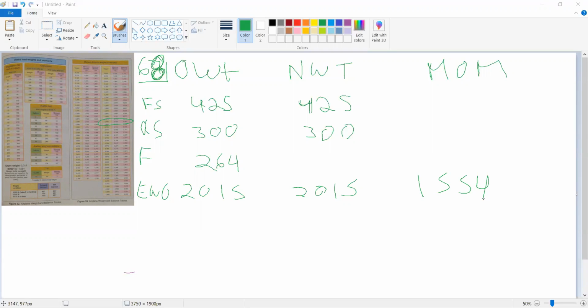For the rear seat, 300 times the arm of 121 divided by 100 is 363. Then 425 times the arm of 85 over 100 is 361, which they round up to 362. Fine, so we're at 362.